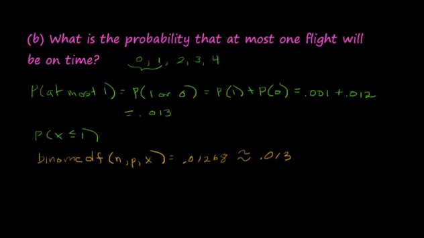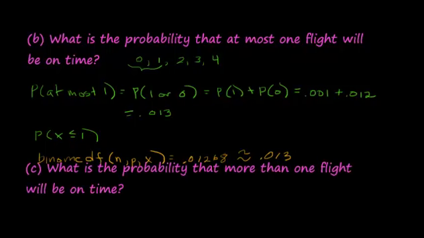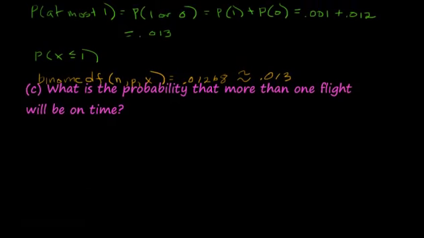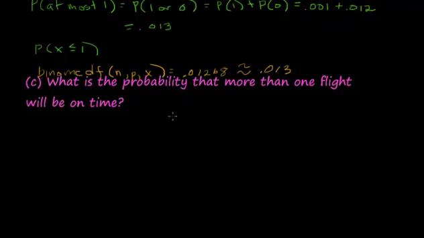Okay, third question we can look at. What is the probability that more than one flight will be on time? So how is that written? Again, let's look at our choices. All right, the probability of more than one. So we're talking about these.